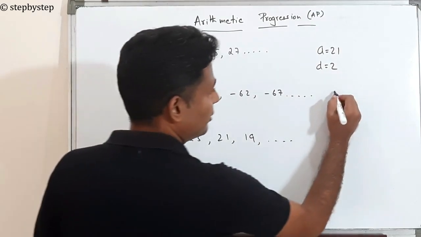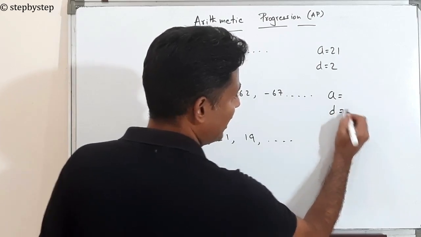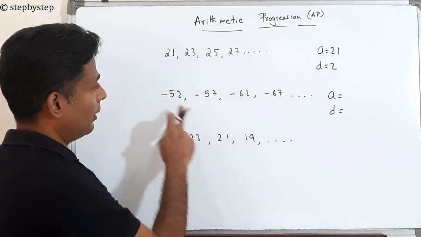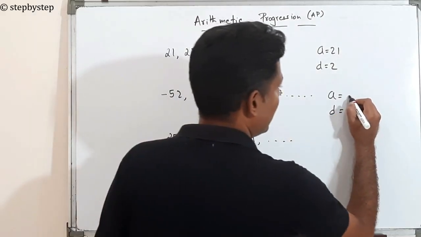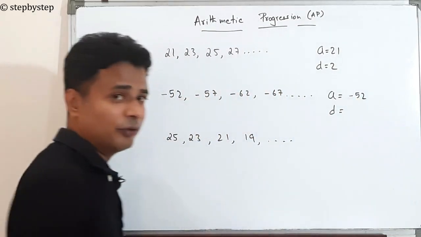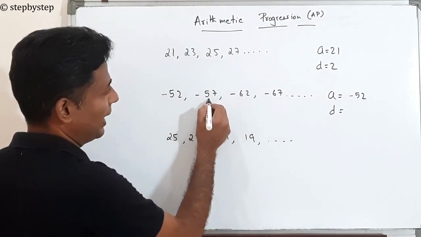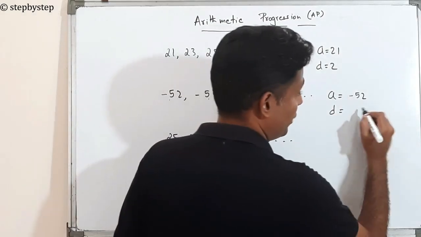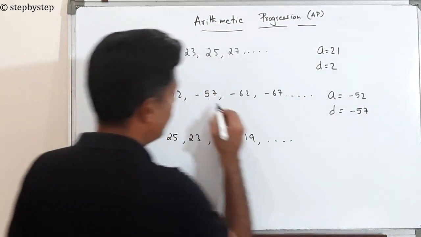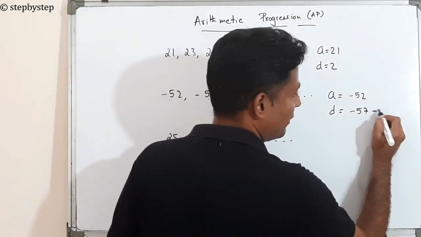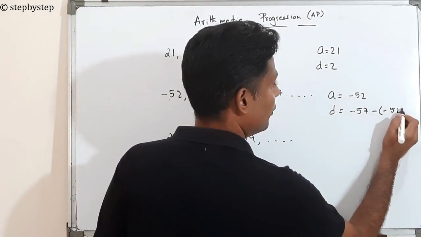Now for this AP, can you think what A and D are? The first term is A, which means A is minus 52. What is the common difference? Minus 57 minus of minus 52. Don't forget that. One term minus the previous term. So the previous term is minus 52.